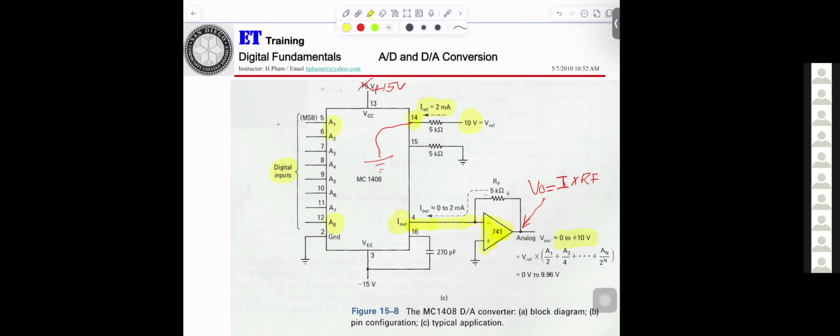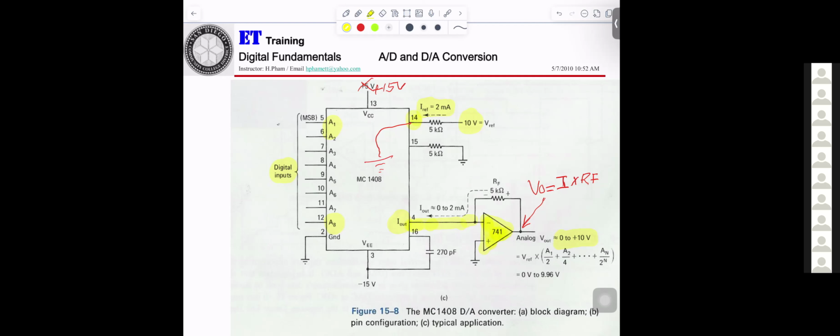Depending on what the binary equals. Full scale means all inputs at logic 1. Then you can get a maximum of 10 volt. Okay?